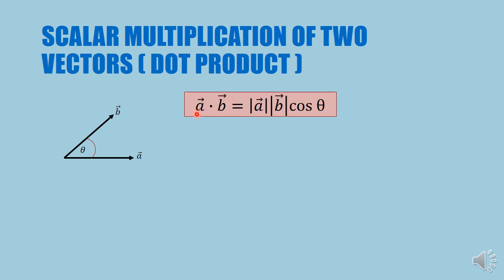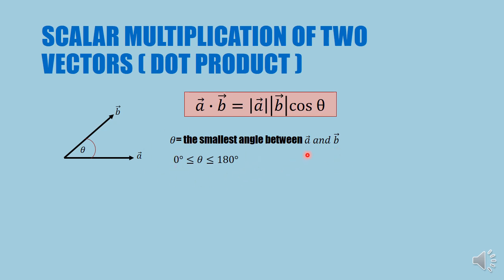Okay, A dot B equals the magnitude of factor A multiplied by the magnitude of factor B times cosine theta, where theta is the smallest angle between factor A and factor B. So we can say that theta lies between 0 and 180 degrees.